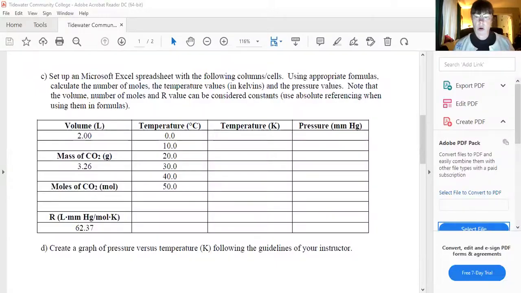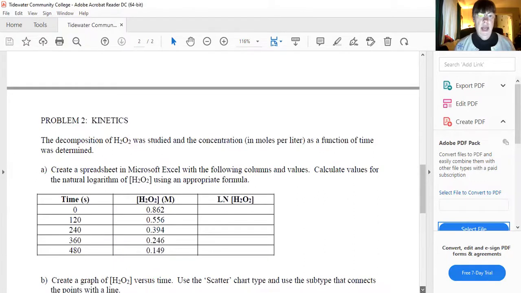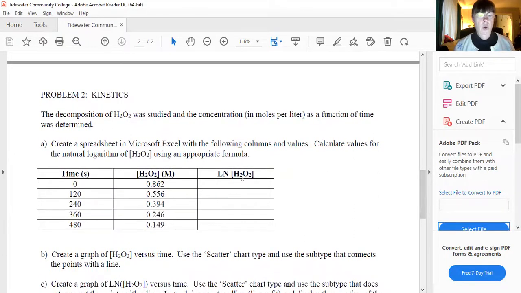All right, let me flip back to the other document here. All right, so on the back or the second page, we have kinetics. So you are going to have to take, okay, ln being the natural log. So take the natural log of your concentrations.